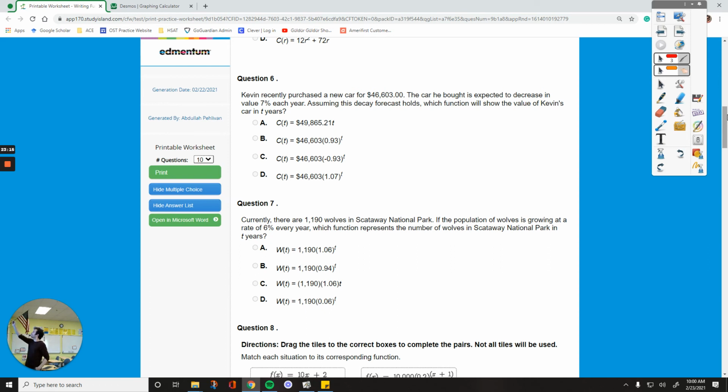Looking at all of the answers, by the way, this is going to be exponential. And exponential functions are in the form of a times b to the power of t or power of x. The exponent represents the time, b is the common ratio, a is the initial number. So all of these are c of t.